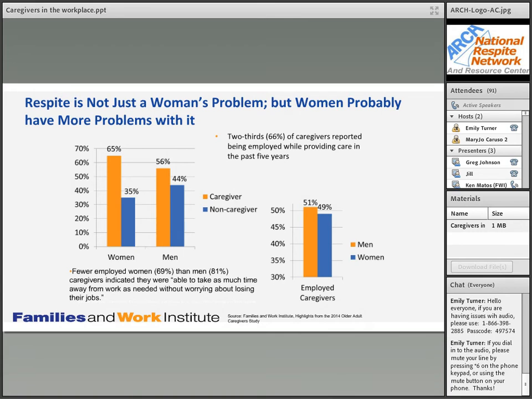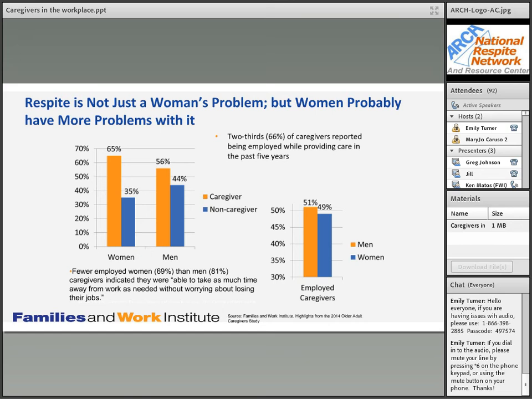So when you look at these charts, the key thing to pull away is that when we look at the overall population of caregivers and non-caregivers, we see that 65% of all the women in our study said that they had provided care in the last 5 years, but only 56% of the men said that they had provided care.